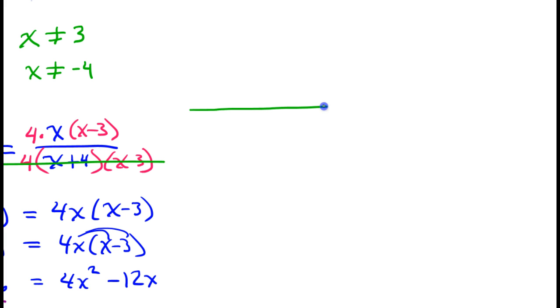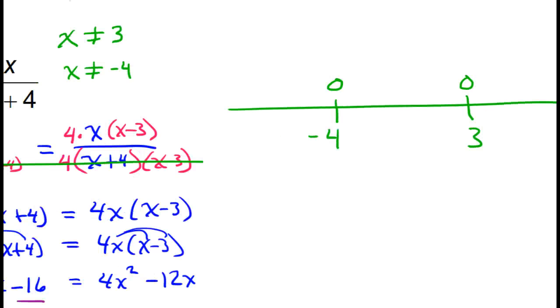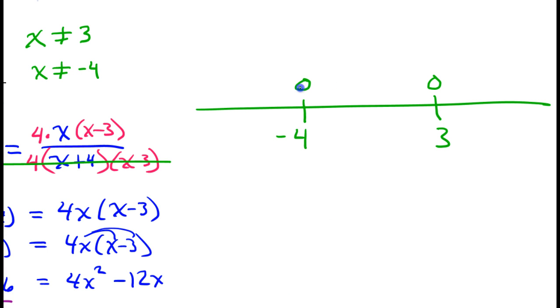So here's my number line. So I've got negative 4 and 3. So let's put some points right here as a border line, the border between these zones. And we ask ourselves, will they be closed circles or will I leave them open?